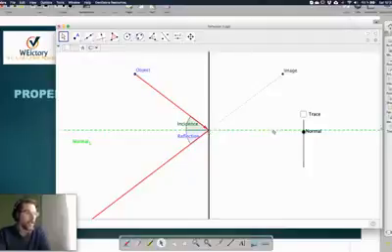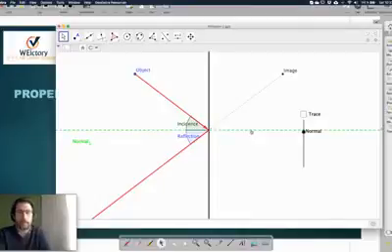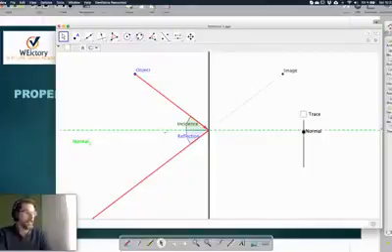We have traced a green dotted line here, which is perpendicular to the mirror. That has no physical interpretation, but it is the geometrical line that is perpendicular to the boundary. Normally it is defined as a line that is perpendicular to the boundary, perpendicular to the mirror.